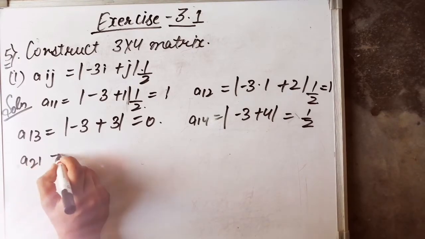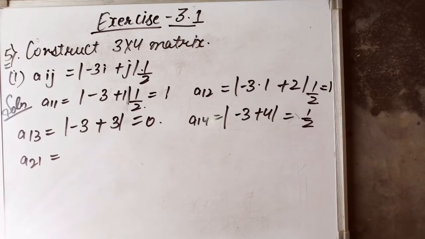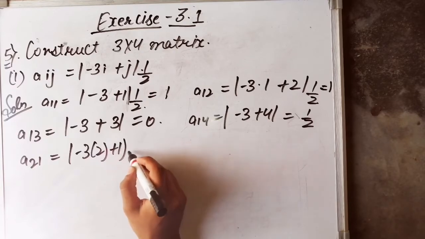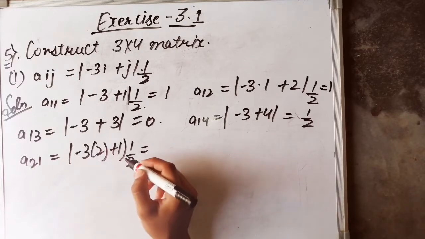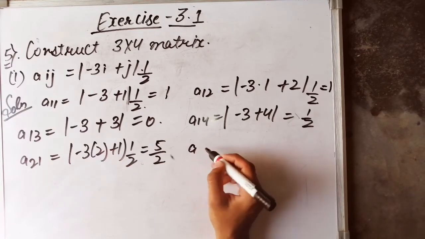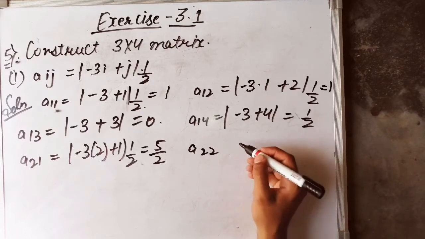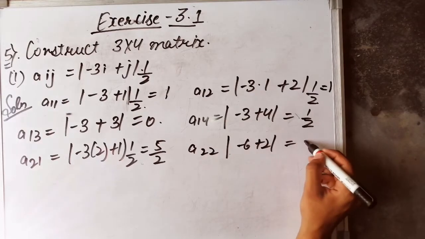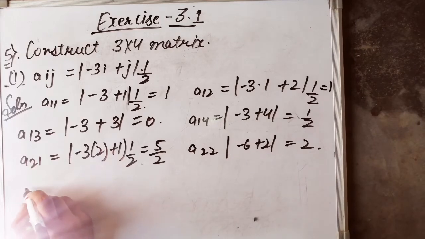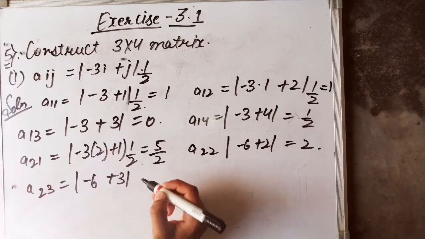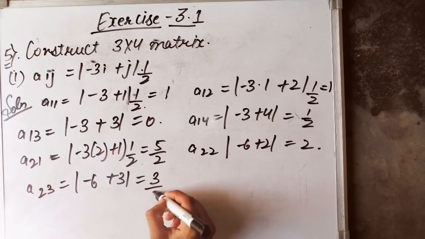a21 will be −3 into 2 plus 1 divided by 2. We have −3 into 2 equals −6, and −6 + 1 is −5, modulus 5, which gives us 5 by 2. a22 gives us −6 + 2, modulus 4 by 2, which is 2. a23 equals −6 + 3, modulus 3 by 2.